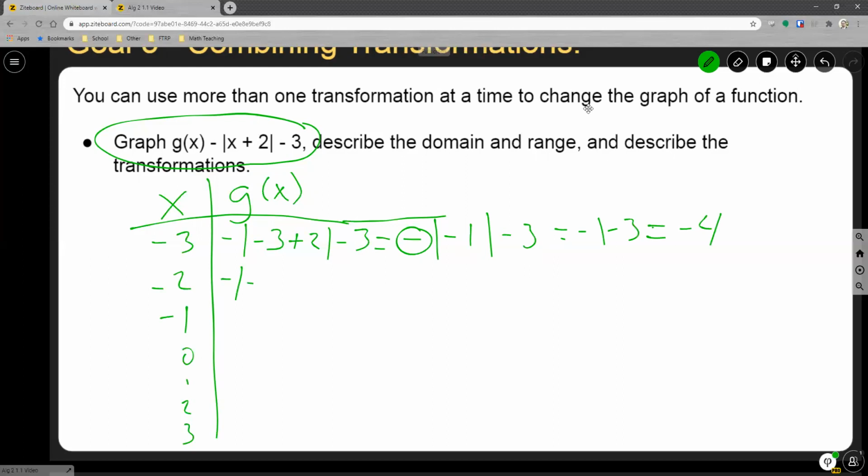I'll write this one out as well. Plug in my -2. Work the inside of the absolute value first. I get 0. Keep working things. -0 is just 0. And then 0 minus 3 is -3. Do one more.